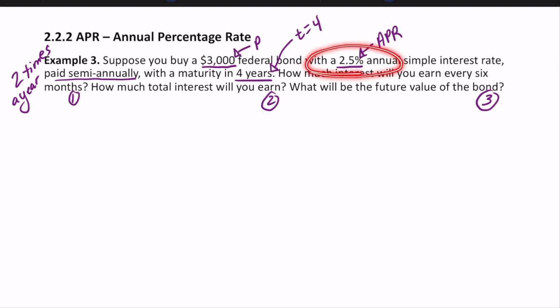So going back to the annual percentage rate, or APR, in order to find our rate for each period, which is semi-annually, twice a year, I need to take my annual percentage rate, my APR, and divide it by 2, because this APR is for a full year, but we are getting interest twice a year. So I want to know what my interest rate is for just one period.